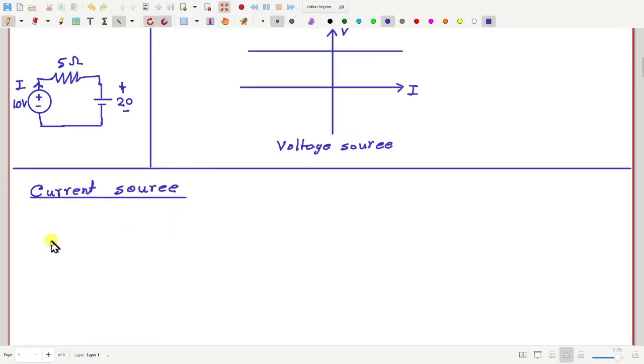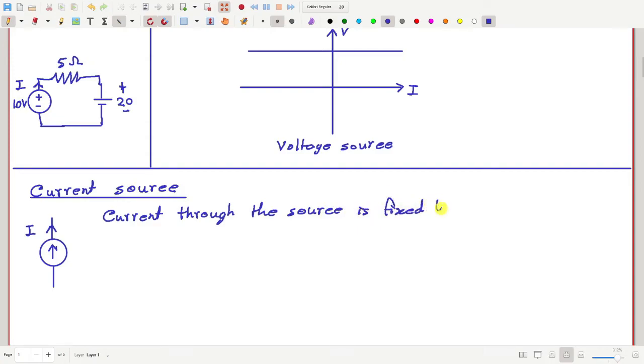Okay? And the symbol, circuit symbol of a current source is like this, an arrow within a circle. Okay? And the property is that the current through the source, this current I, is always fixed by the value of the source. Current through the source is fixed by the specified value of the source.